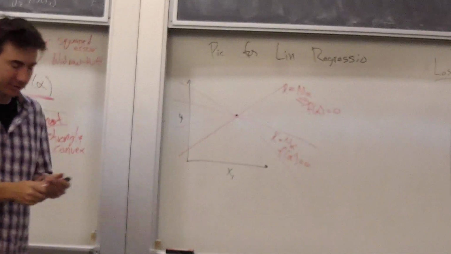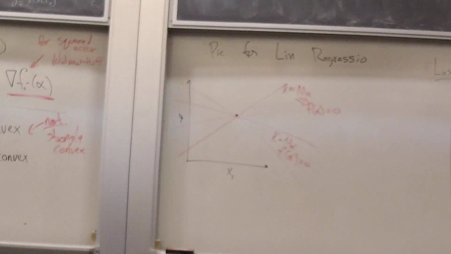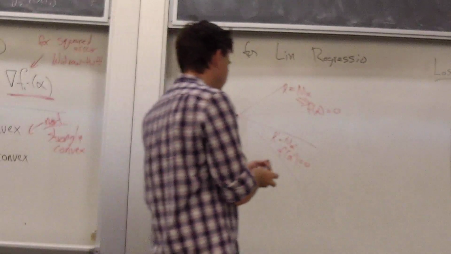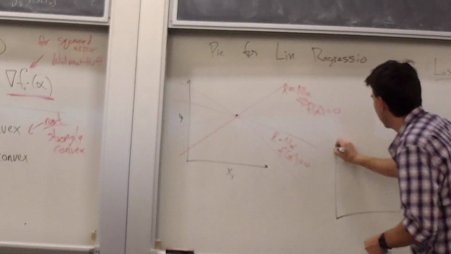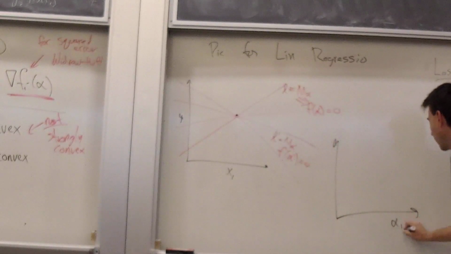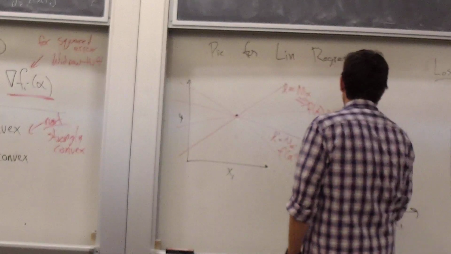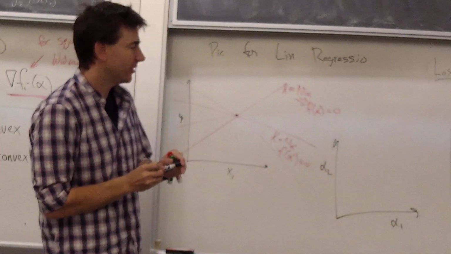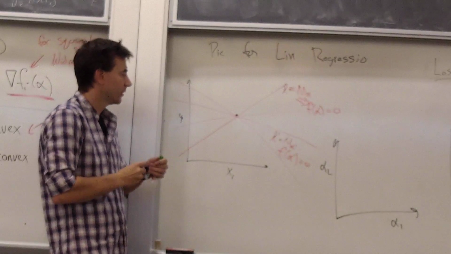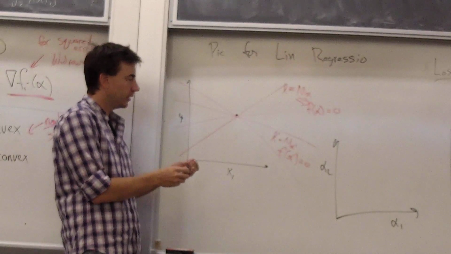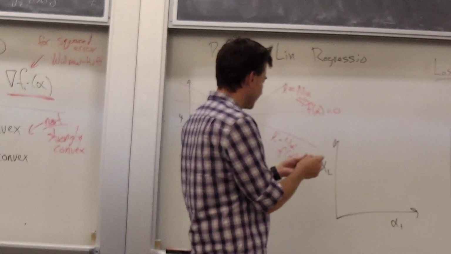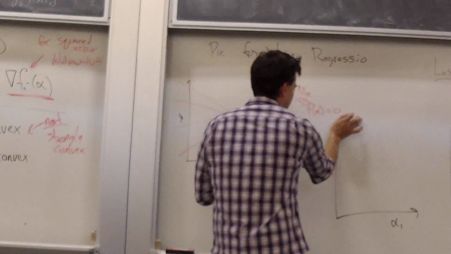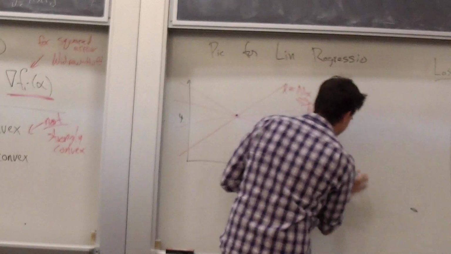Okay, what's happening is that I can look at another picture here. Alpha 1, alpha 2. Right? This is in the space of the alphas. And it's going to turn out that there is some, maybe I should write this in red.